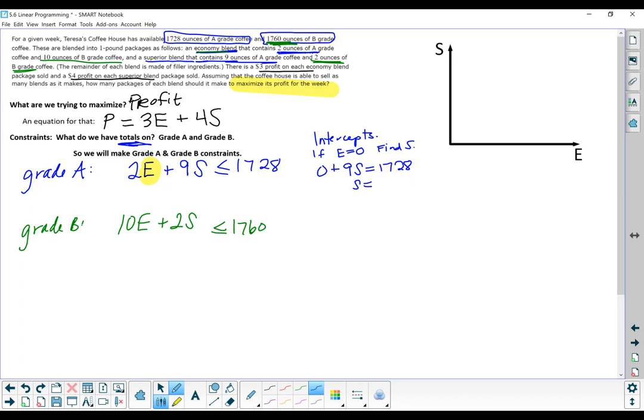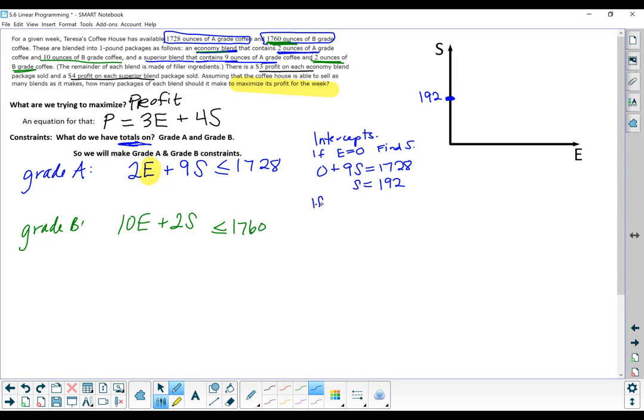And 1728 divided by 9 is 192. So I'm just going to go ahead and mark on my axis somewhere in the middle, 192. And that's my intercept on my S axis for when E equals 0.